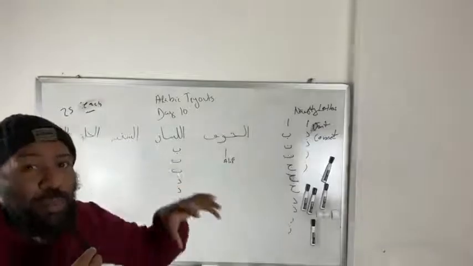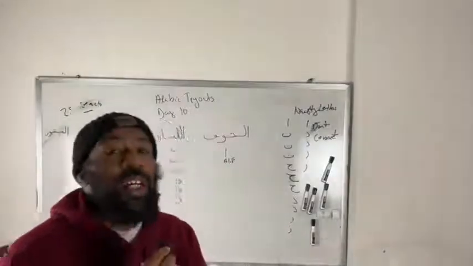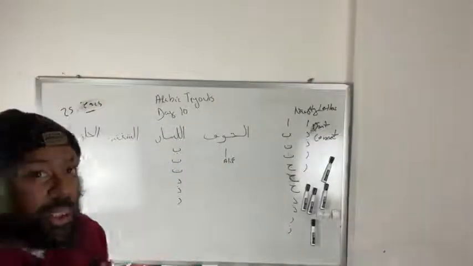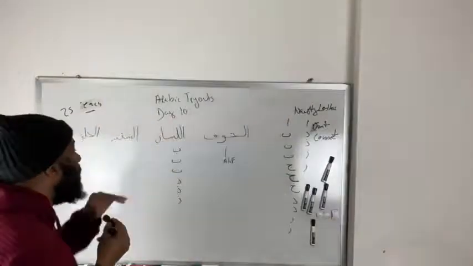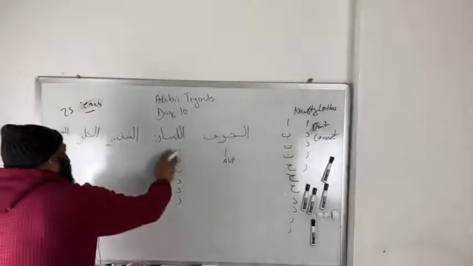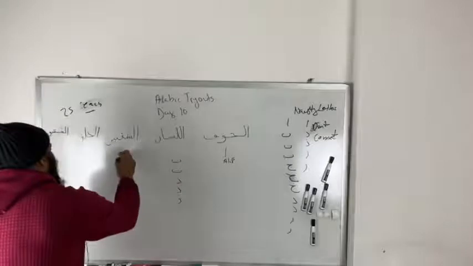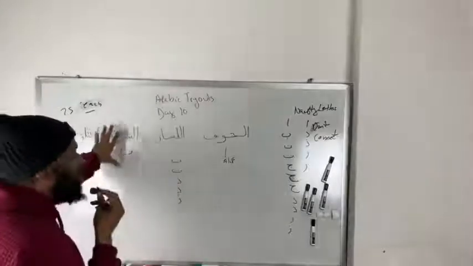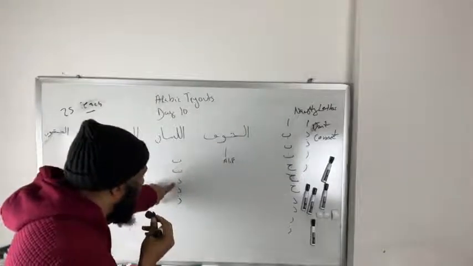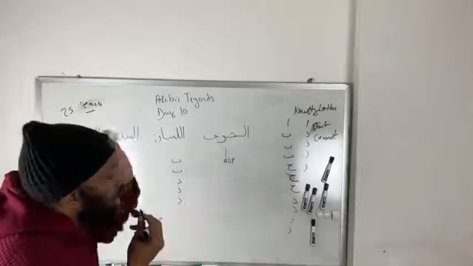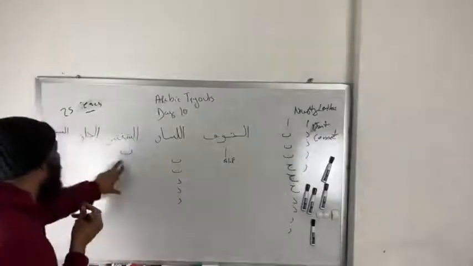Different parts of the tongue, nonetheless, their source is still the tongue. Okay? Hold on, I made a mistake here. Not Ba, but we learned that Ba here is from the lips. Ta, Tha, Dal, Zal, and Zay are from the tongue. Ba is from the lips.